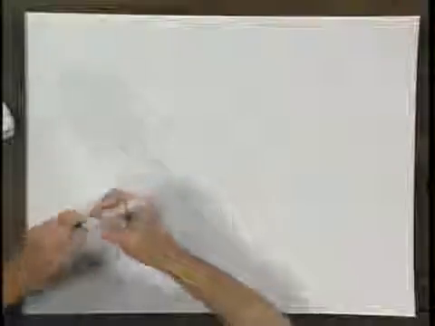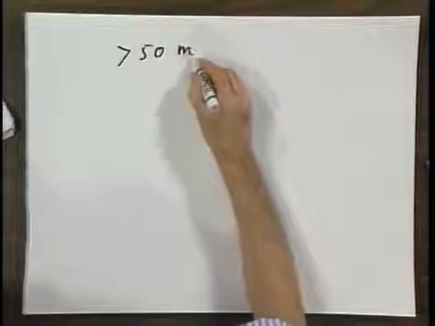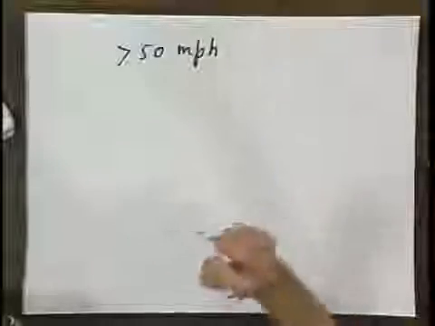Therefore, the net force on the car and on the airplane is zero. It means that the car must generate a force to overcome the resistive force, so that the net force is zero, and the same is true for the airplane. If you take a car and you go faster than 50 miles per hour, then the v squared term really dominates.